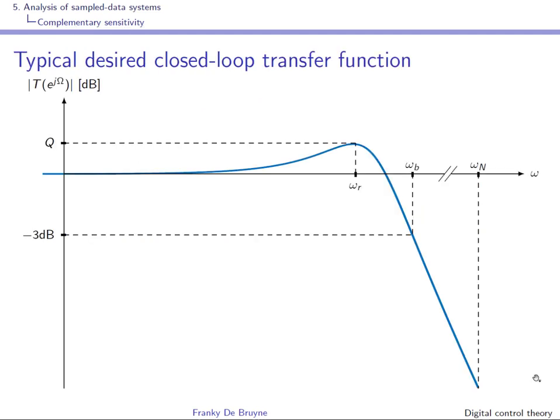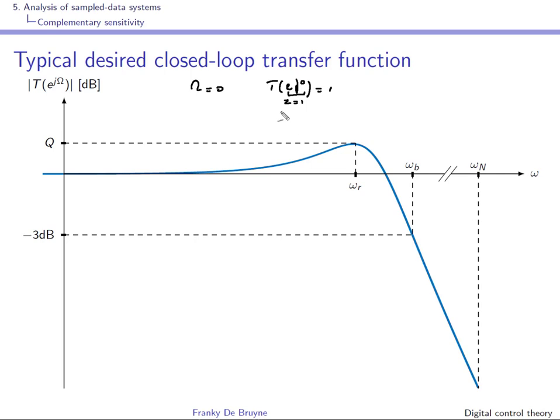This is how the complementary sensitivity function looks like in a Bode diagram. What you see here is only the gain in dB, and you can see that if at the 0 frequency omega we have T of z equal to 1 equal to 1, then we'll have a 0 steady state error.